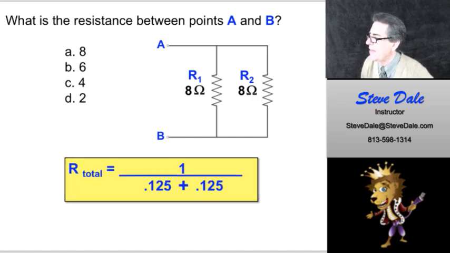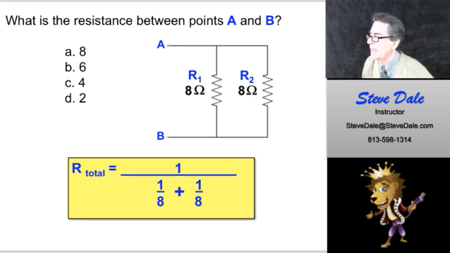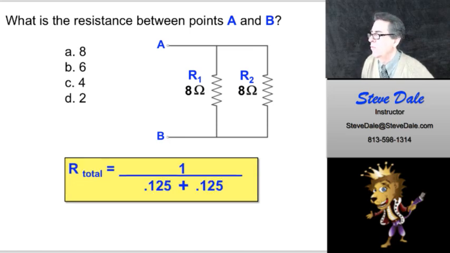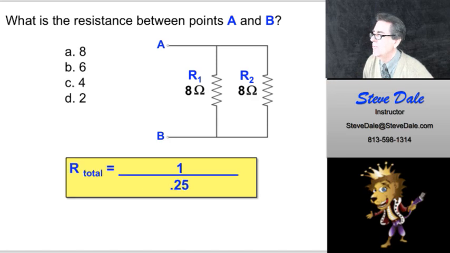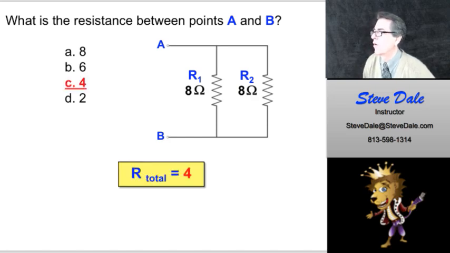You figure the math on that: you get 0.125 plus 0.125, by taking 1 and dividing 8 into it. 1 divided by 8, okay? 0.125 plus 0.125, and you've got to do that actual calculation. Then you divide that total, 0.25, into 1. So it's like 1 divided by a quarter, right? It goes in there 4 times, so the answer would be 4 ohms here.